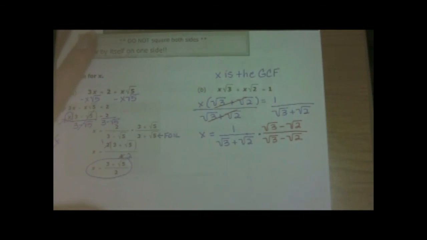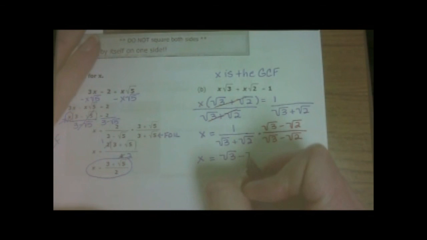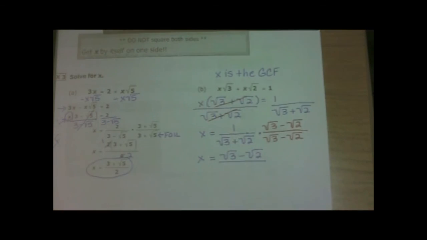Okay, in my numerator, this is easy to FOIL. I get the square root of 3 minus the square root of 2. In my denominator, I have to FOIL. And remember, I know because I'm using the conjugates, the inners and outers are going to cancel.